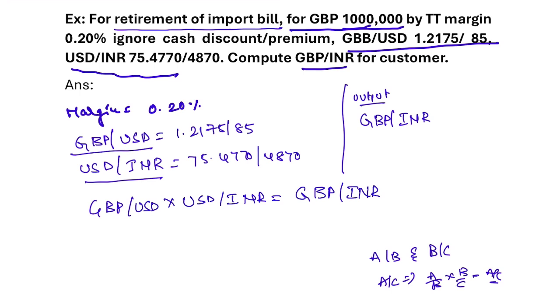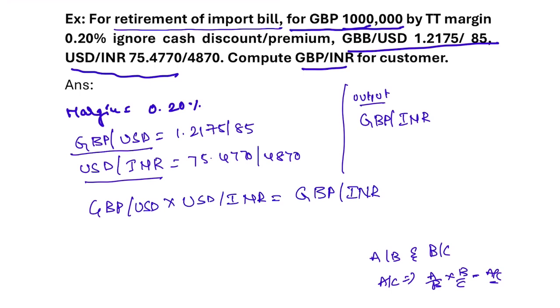Suppose an exporter or a customer purchased some goods or services in foreign currency, that is, from an abroad person, from an overseas person. He sent the goods, and he also sent a bill to the bank. This much amount has to be paid.